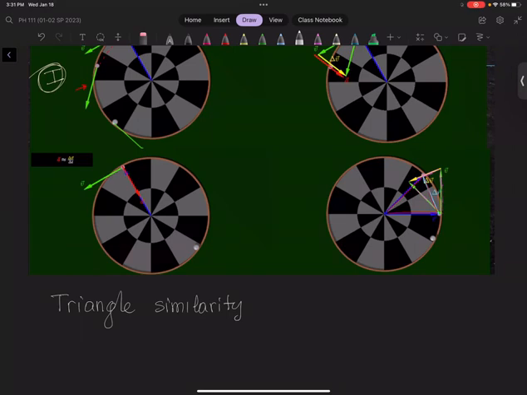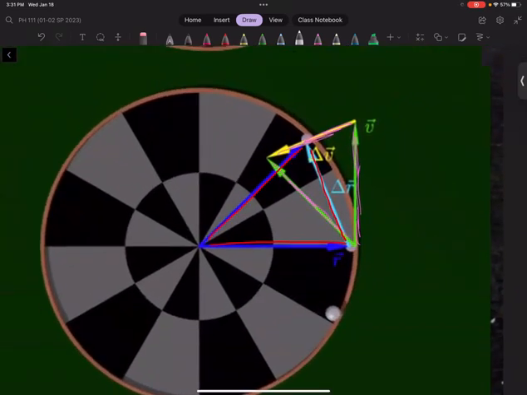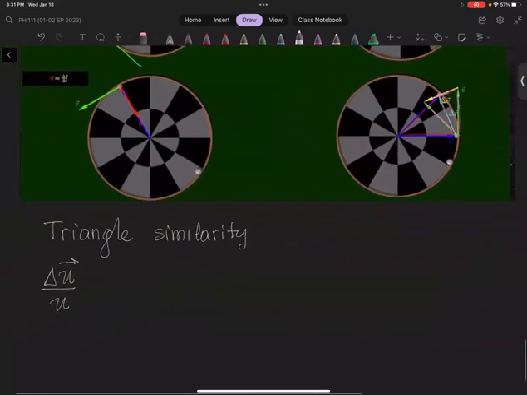The following ratios are equal. Delta u divided by u, and I'm referring to these two triangles that are just highlighted. Delta u over u equals delta R over R. Of course, all these are vectors.